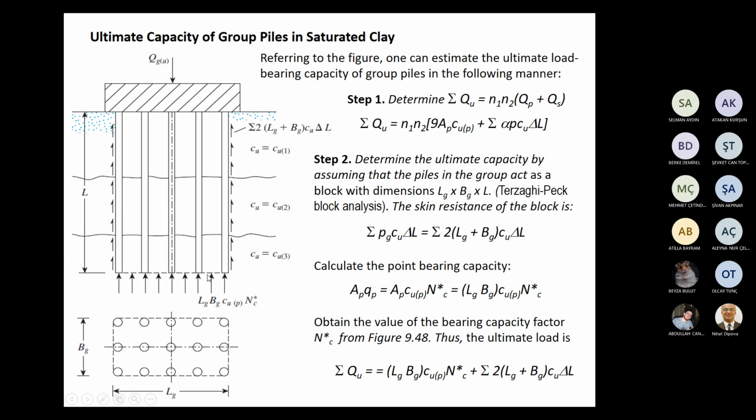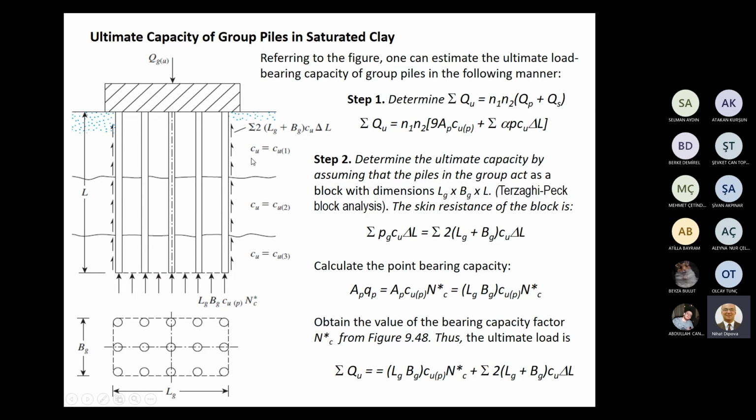Perimeter multiplied by delta L. This will be equal to side area, and multiplied by Cu means side frictional resistance.